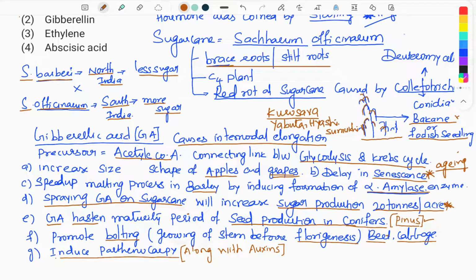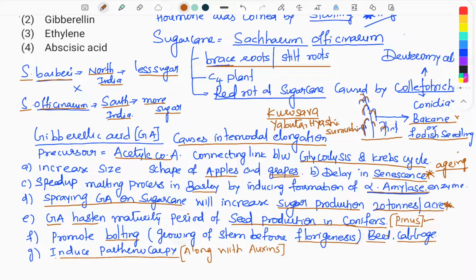One more thing is that in Pinus, seeds do not germinate in the absence of mycorrhiza. That is, an obligate association of mycorrhiza is seen in Pinus seeds for germination. These are some points that we recollect of Pinus. In Pinus, seed production is made very rapid due to application of gibberellic acid.